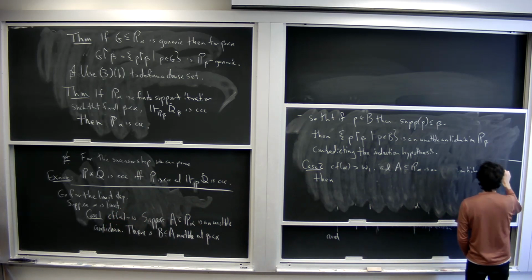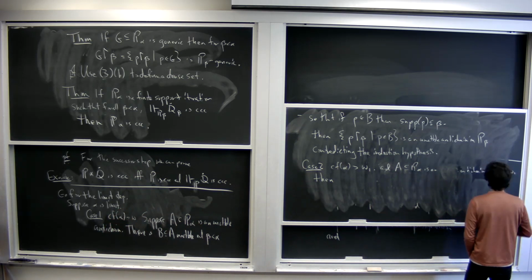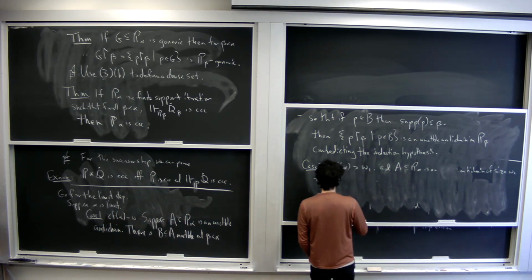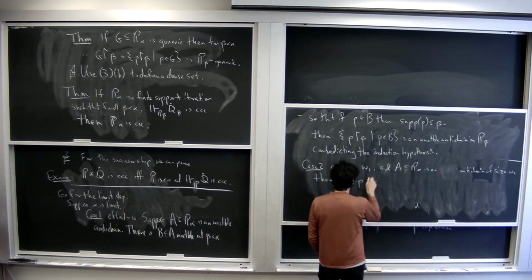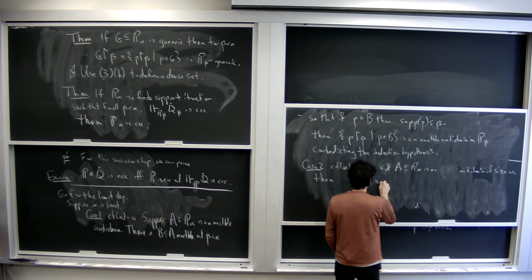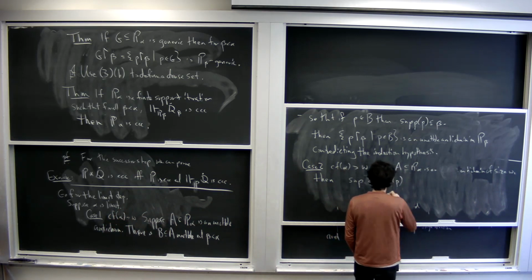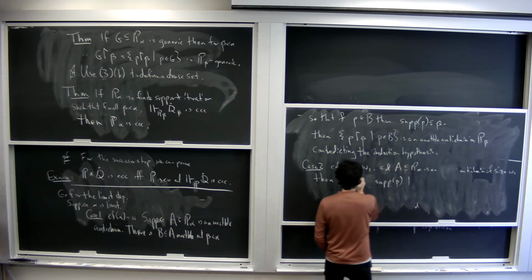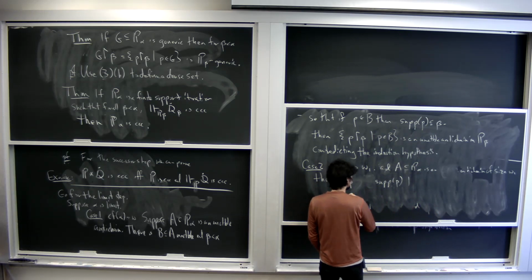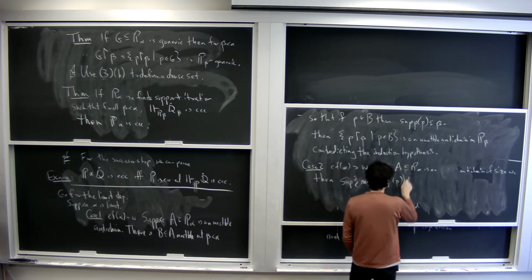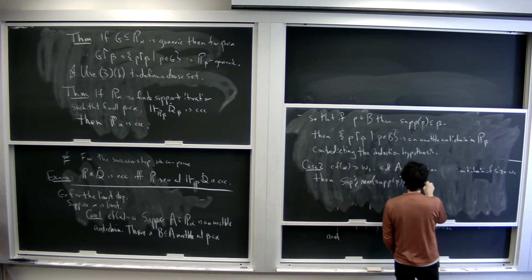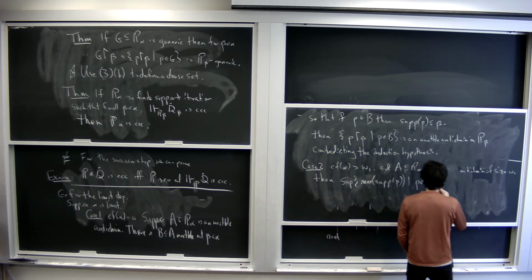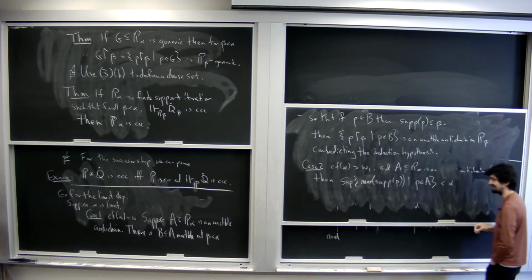Good. Then the sup of the set of supports is less than alpha, right?